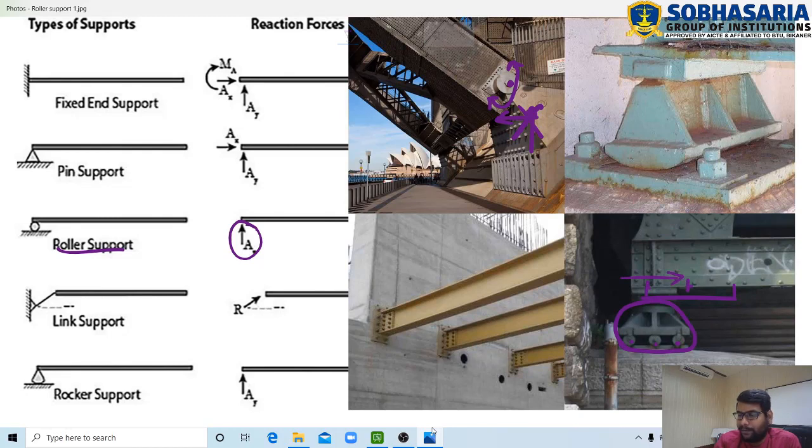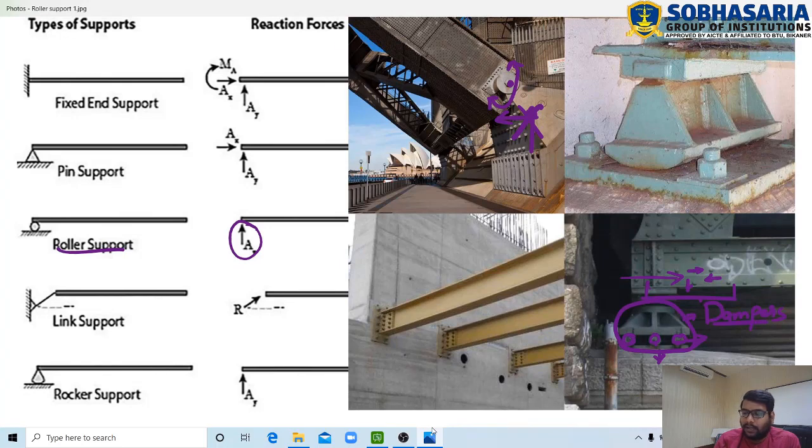So it will cause some vibrations, and there will be to and fro movements horizontally. So what this roller support will do, it will absorb those forces. So the forces will be counteracted by the rollers. Nowadays we call them dampers.